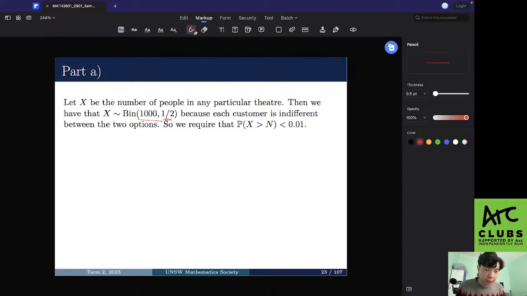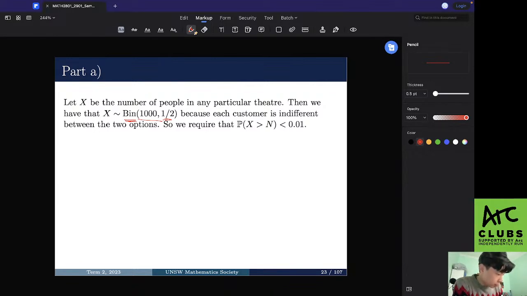And since they're indifferent between the two options, that means that they have a 50% chance of going into either theater. So what we notice is that binomials will either give us a 1 or a 0 usually. So the 1 represents them going to a particular theater, which is why this binomial represents the number of people from the 1,000 that go into one of the theaters.